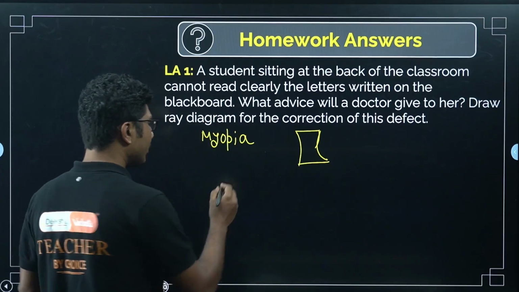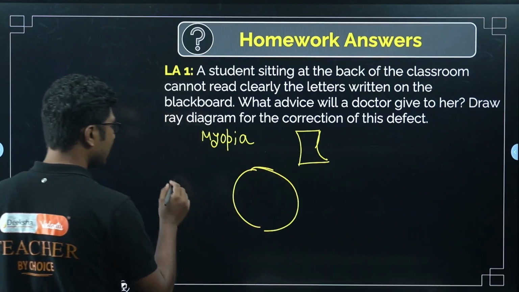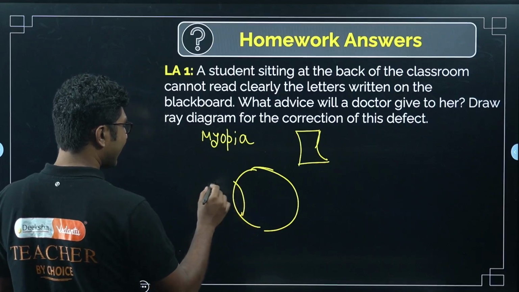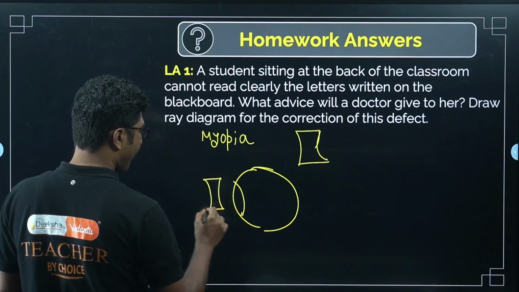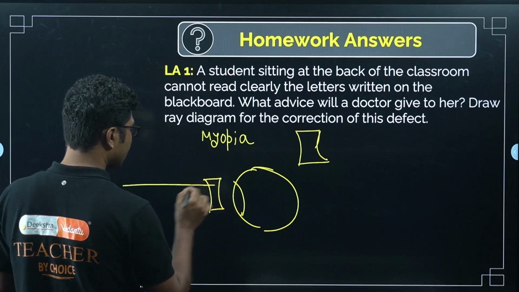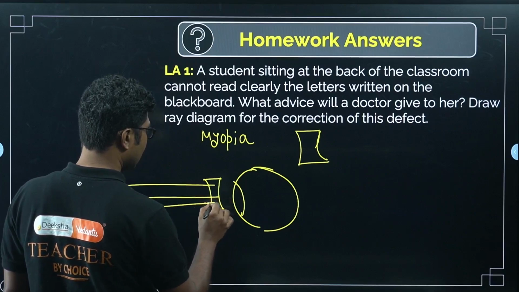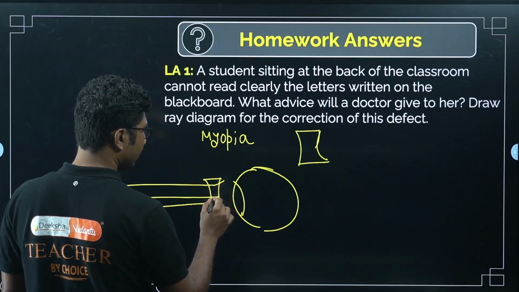So the ray diagram will be the eye. Initially the rays coming from, this is the eye lens. It is a ray diagram, right? So you don't need to worry too much about it. Initially the rays are falling on the lens like this. Then it will diverge slightly.